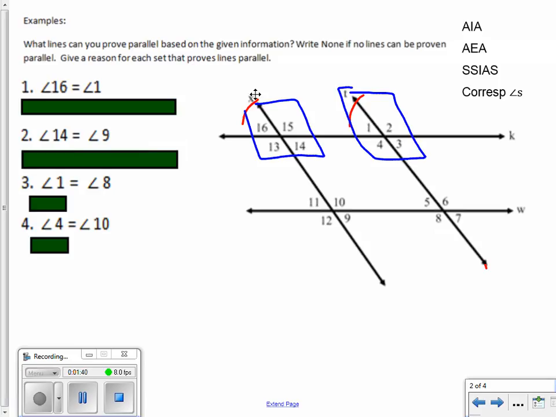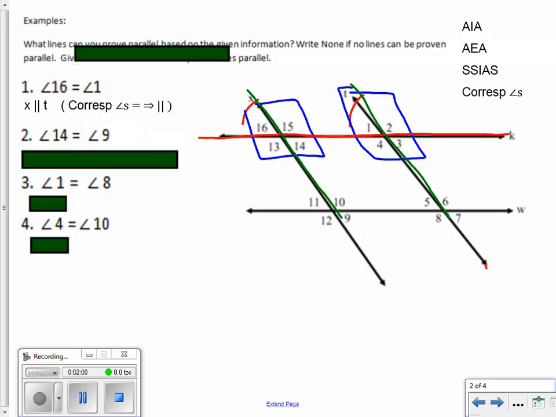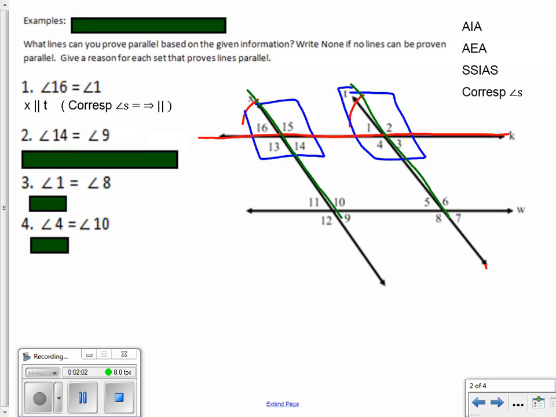So if our corresponding angles are equal to each other, that tells us in this case that K is a transversal, and that line X right here, line T right here, are the lines that are all crossed by it. So that tells us that X has to be parallel to T, because again, our corresponding angles, 16 and 1, are equal to each other, that implies that the lines have to be parallel. So X and T have to be parallel to each other.